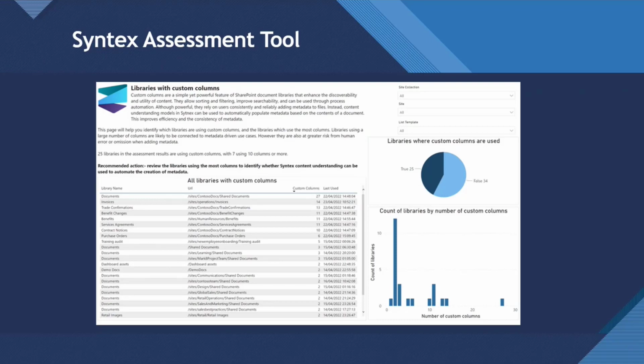It will scan for, say, libraries where there are Word documents assigned to a content type, because you create a document from the content type and it comes with a template. So that might be a great example for where you could use content assembly. So you have a set document, and then you can auto generate the values, rather than working on a document template from a content type.